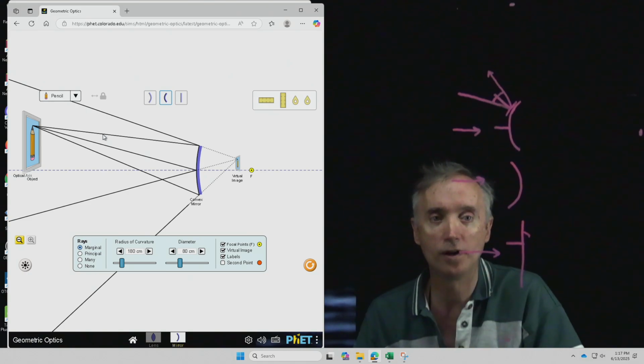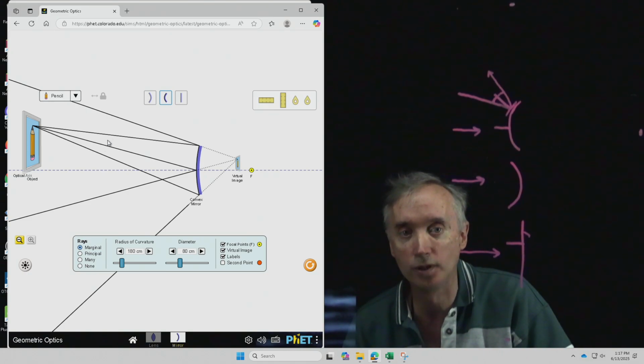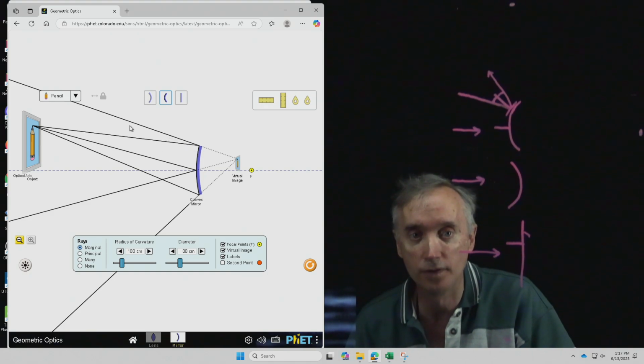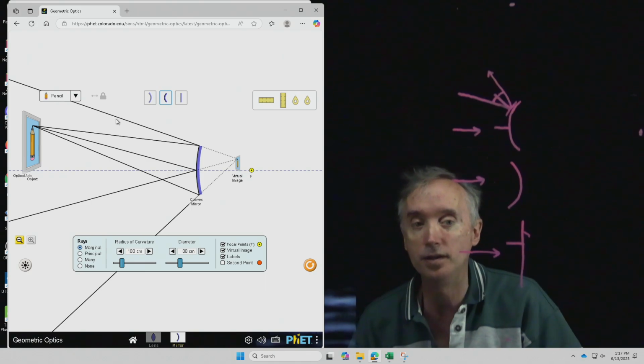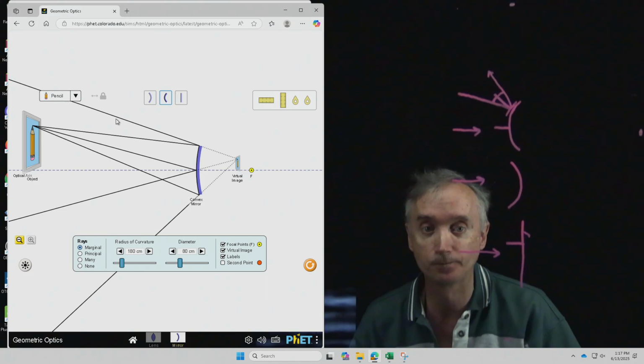If you look very carefully at these three lines, and look at where they're hitting the mirror, you will notice that the ricocheted line is obeying the law of reflection.